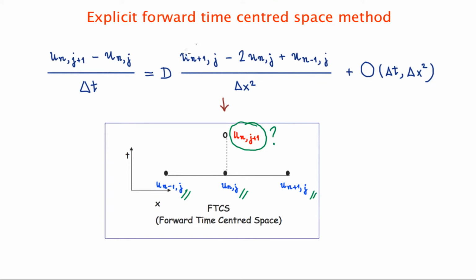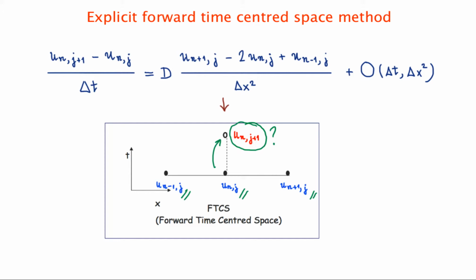And on the other hand, you have that the second partial derivative of u with respect to x is connecting these three points that are represented here by this solid line. The black dots again here represent the values that we already know, and the philosophy of the method is, once we know these values, to use that finite difference representation to get the value of the u function at the next time step.